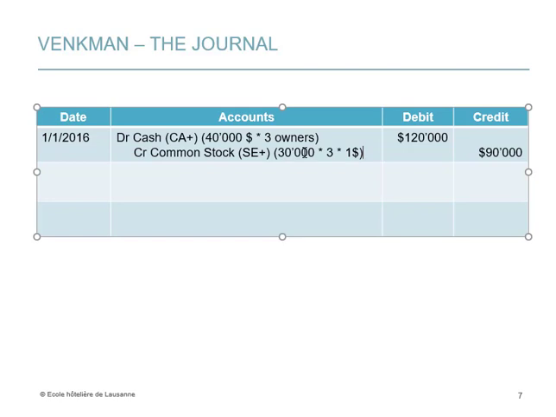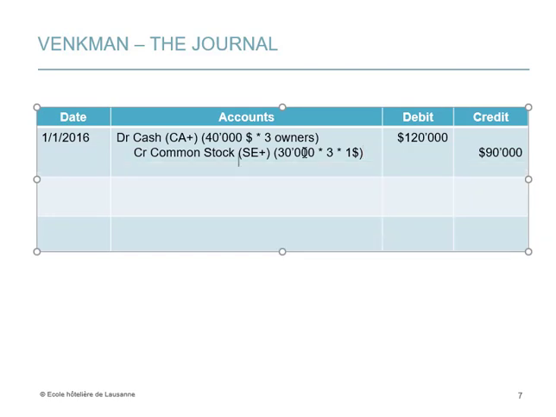As we can see, the cash that we received for the shares and the common stock that we recorded differ. It means that we will have additional paid in capital, because the value of the shares is in a higher amount, $40,000 each, so the common stock is not the same as the cash we invested.